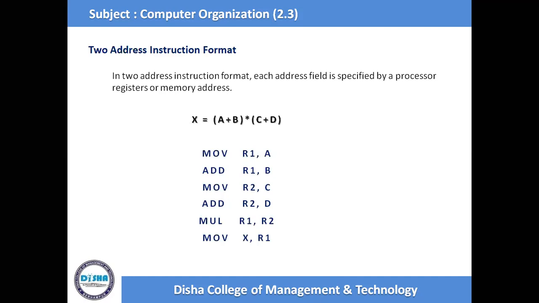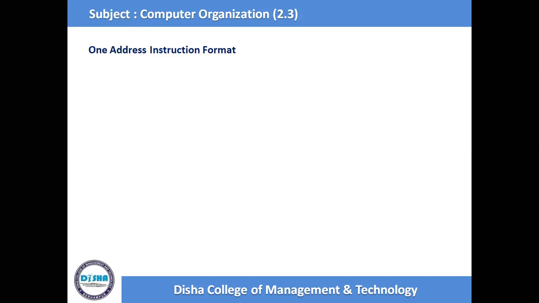So there is another instruction format, that is the one address instruction format. In the one address instruction format, basically it uses the accumulator register to perform all kinds of data manipulation activities, like moving of data, adding of data, any binary arithmetic operations, shifting of data or storing of data.